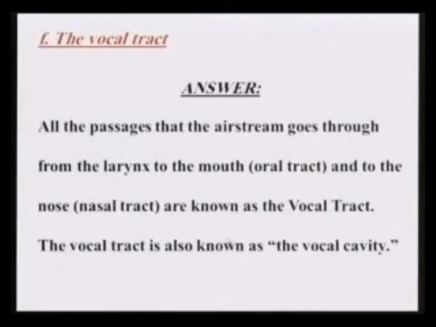The vocal tract. What is the vocal tract? All the passages that the air stream goes through, from the larynx to the mouth, the oral tract, and to the nose, the nasal tract, are known as the vocal tract.